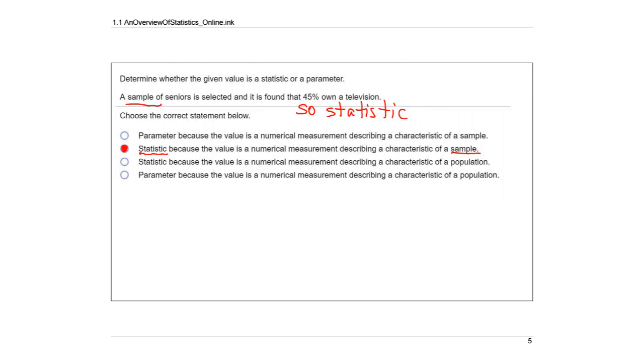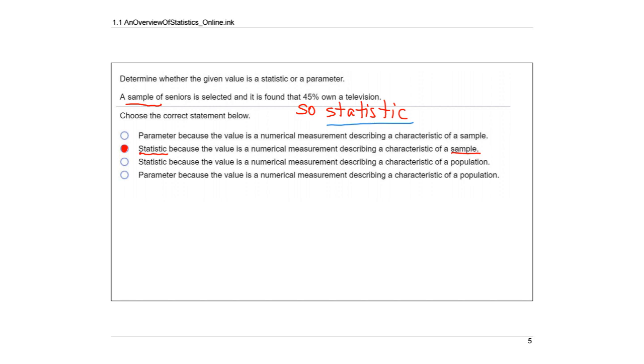This problem again wants us to find whether the given value is a statistic or a parameter. A sample of seniors is selected, and it is found that 45% own a television. Well, they already told us it was a sample. So since it's a sample, that means we want a statistic. So that 45% is a statistic. So we don't want the first one because that's parameter.